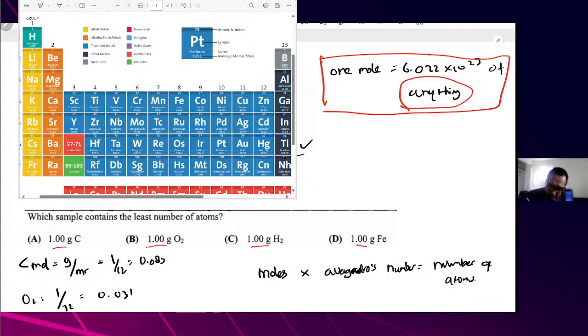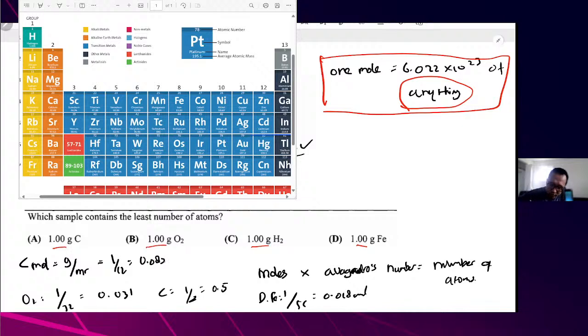So it should be 0.031. And then how about the hydrogen? H2 is 2, so 1 divided by 2 is 0.5. And then how about D, the iron? 1 divided by 56, so it might be 0.018 mole.